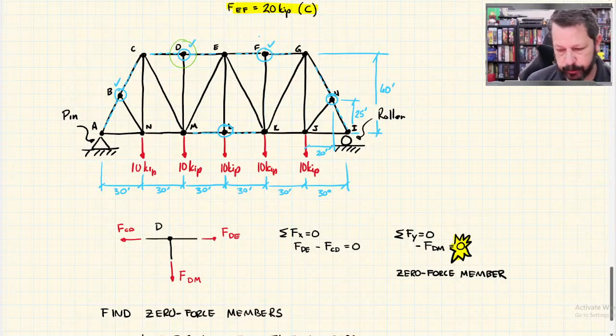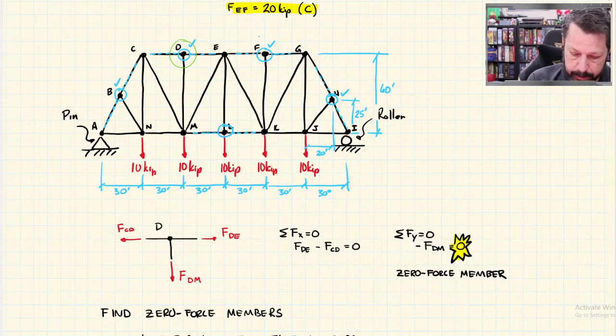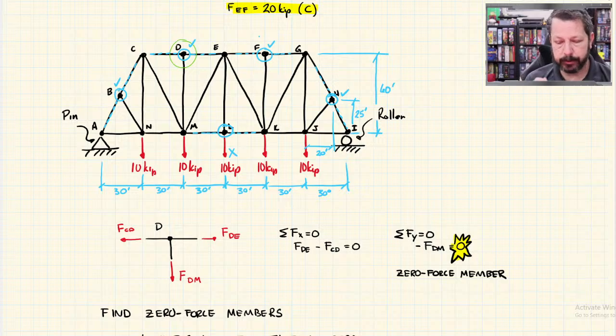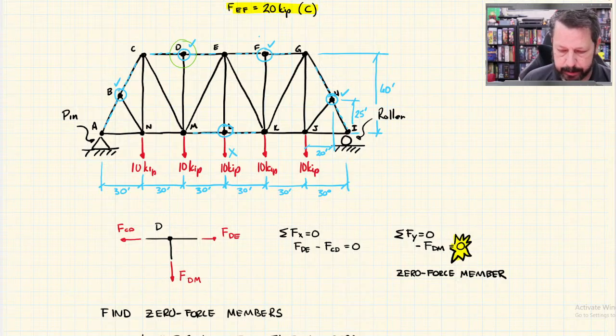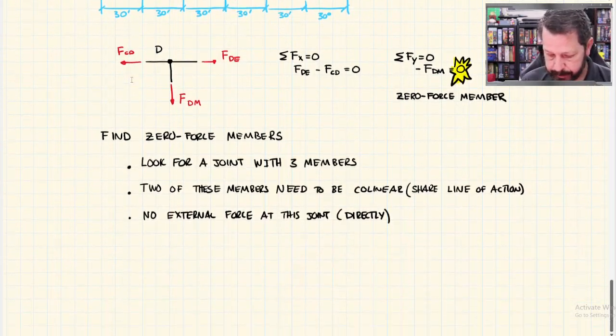F, no external force there. H, no external force there. But L does have that 10 kips applied directly at L. Now you might look at D, and there is 10 kips below it, but that 10 kips is applied at M, not at D. Even though it's in the same line, it's not applied at D, it's applied at M. So we lost L here. L is not a joint that has zero force members in it.